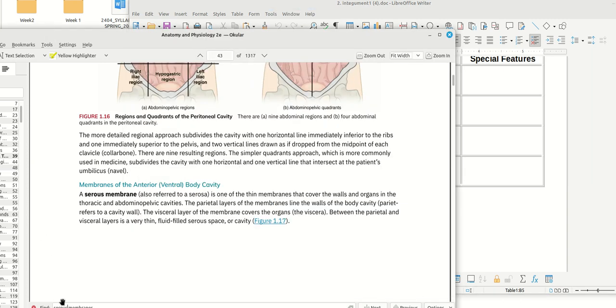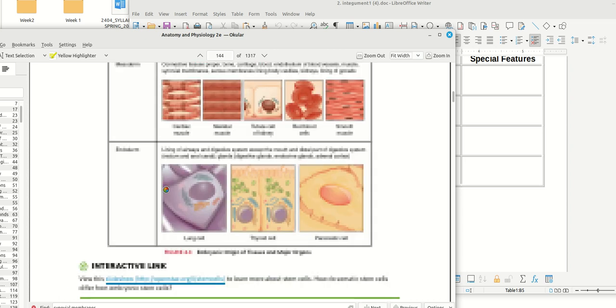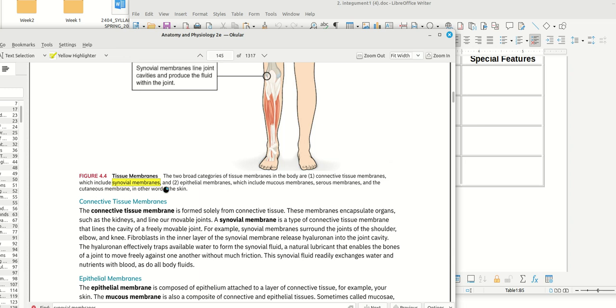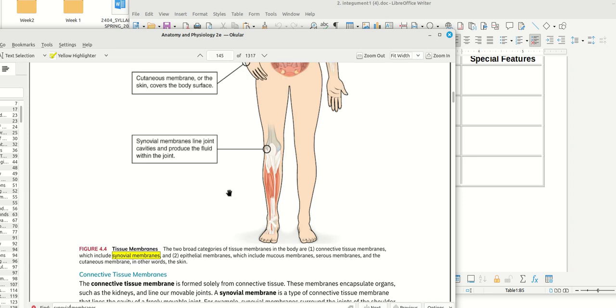So synovial. Of course, these are going to be membranes that contain sacs. Okay, they're epithelial. All right, and of course they're connective tissue.